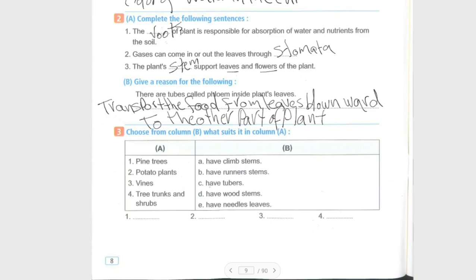The answer is E. Number 2, potato plants have tubers, so the answer is C. Vines have climbing stem. Number 4, tree trunks and strips have wood stem. That finishes the assessment of lesson 4, and we will solve the assessment of lesson 5.